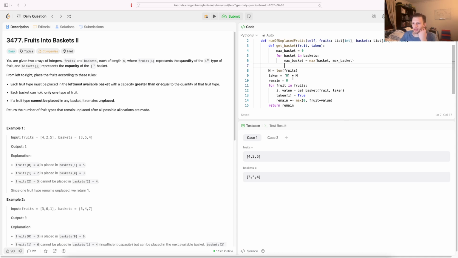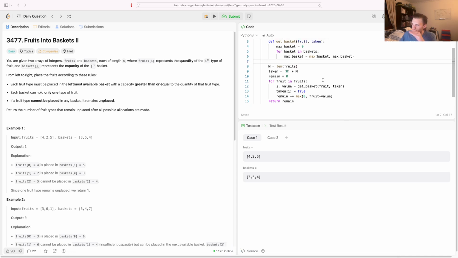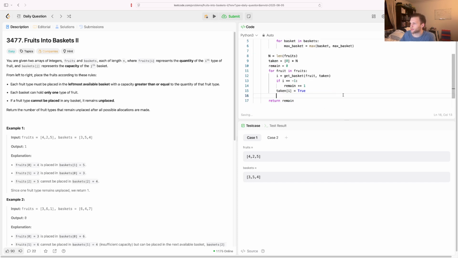Wait a minute, I'm thinking about this a little backwards. Sorry. If there's no basket, you just return -1. I messed up a little bit here. If i equals -1, remain plus equals 1. Okay, that makes a little more sense.